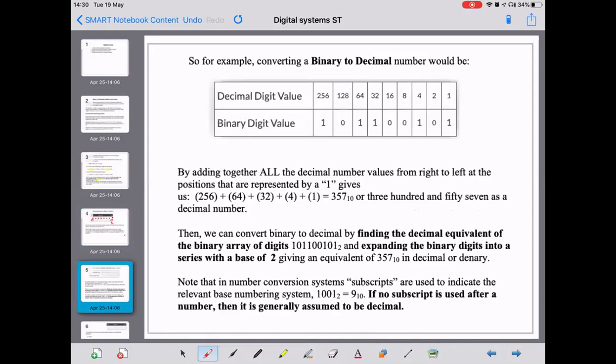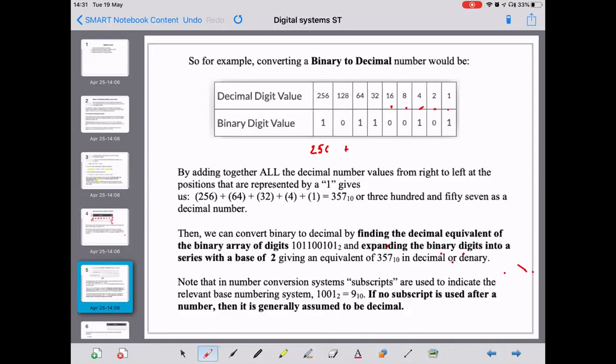So if we want to convert binary to decimal, we can think of the decimal number in a table like this. We're working from right to left. We've got the 1s, the 2s, the 4s, the 8s, 16s, and so on. So if we've got this binary number 1011001001 as shown, we've got 256.